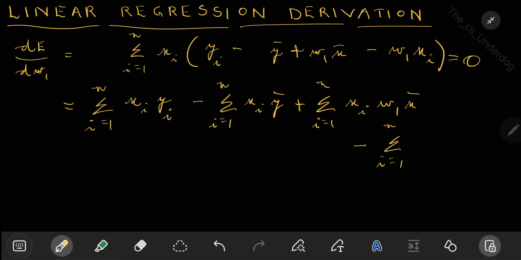So that will be w1 into xi square, right? w1 into xi square. So this is the whole term which you have to equate to 0.